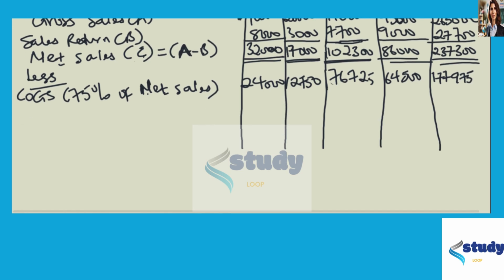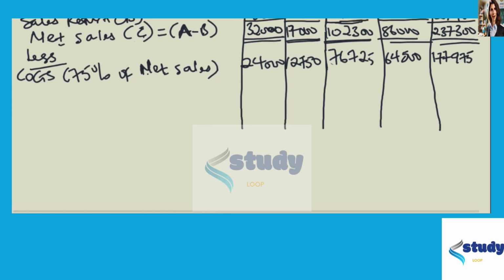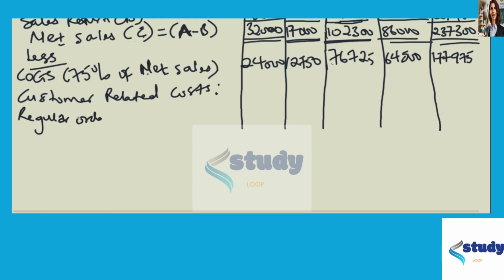Now moving on, we're going to have customer related costs. So for that, the first thing will be regular order, and this is $30 per order.